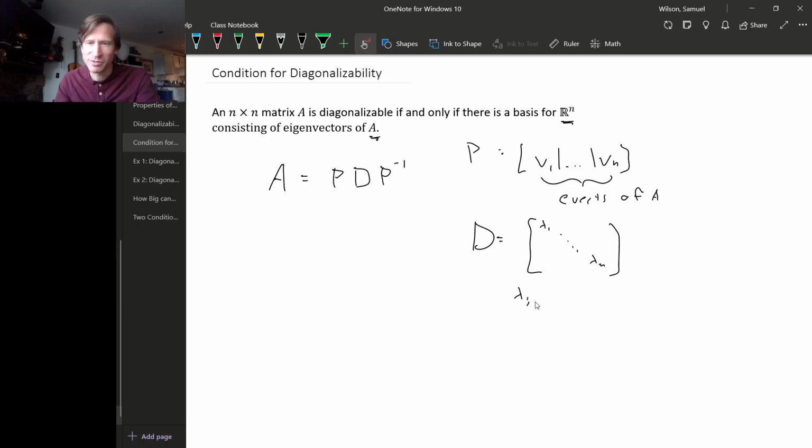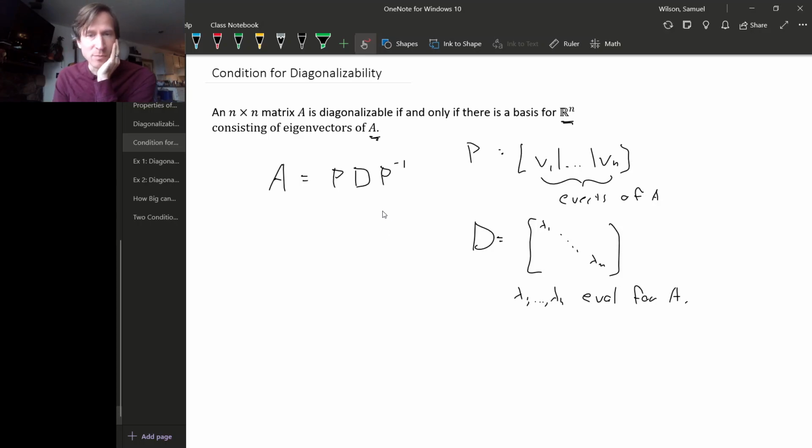So lambda 1 through lambda n are eigenvalues for A. And they might be repeated, right? Since the way we have this notation set up, each eigenvector corresponds to the eigenvalue in the same position.